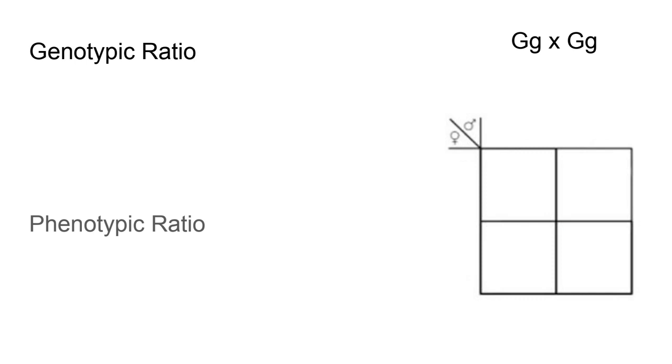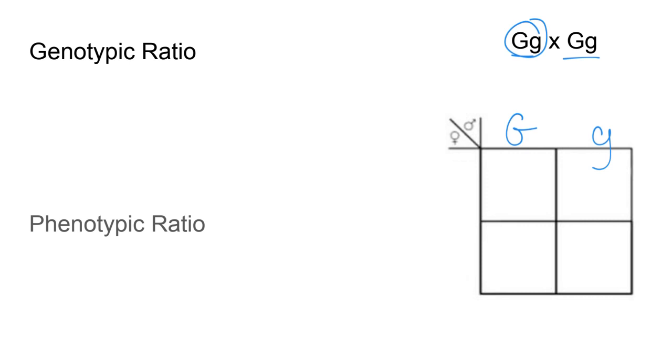So there are 2 types of ratios that you will need to be comfortable with for monohybrid examples, genotypic ratios and phenotypic ratios. So let's look at this particular example here. I'm crossing 2 hybrid organisms. So I take one parent, the possible gametes that they could produce are big G and a little g.